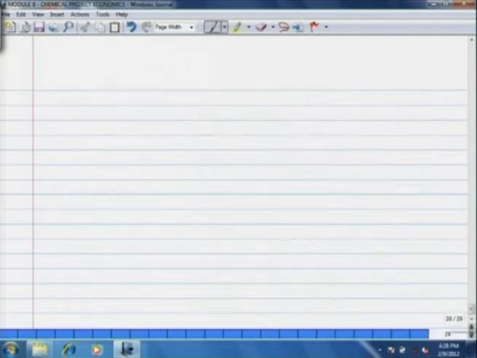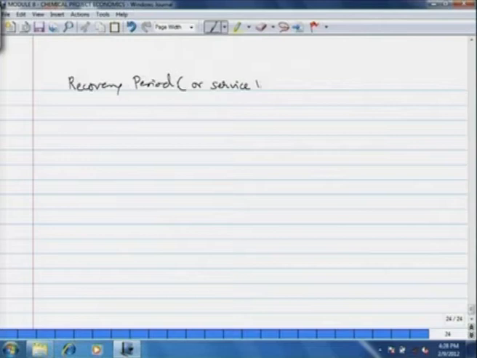Then the third term that we need to define is the recovery period. Recovery period is the period over which the use of property is economically feasible. That is also known as the service life. Recovery period or service life.